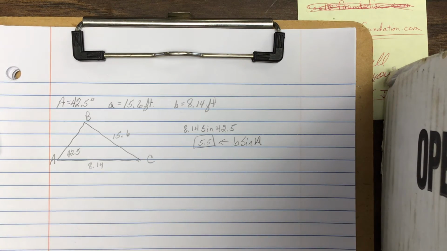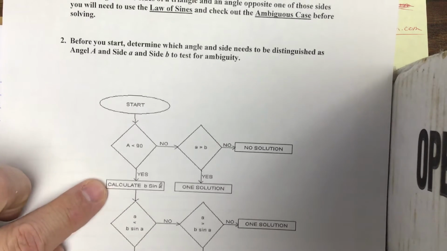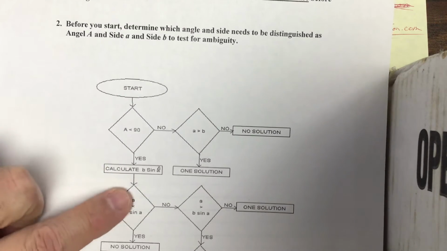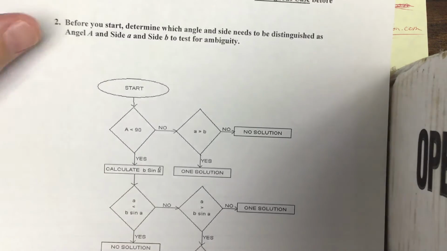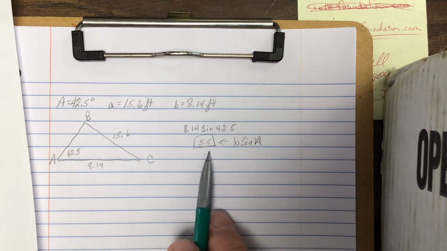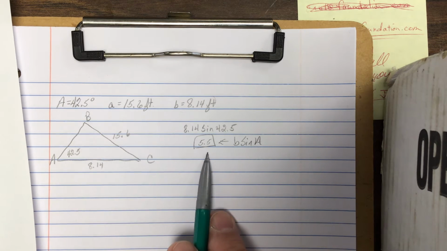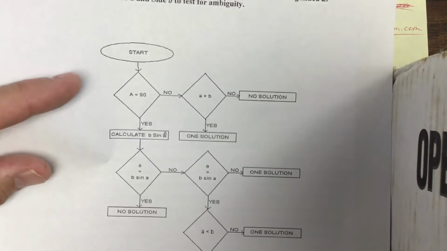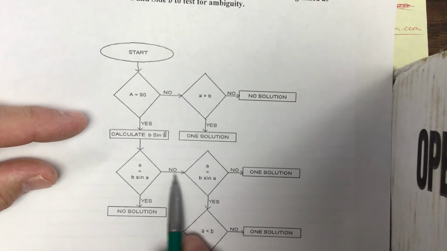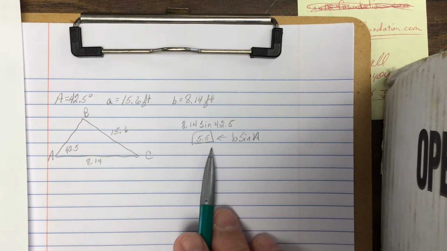All right, now back to my flow chart. I've calculated B sine A, and so my next step is: is A less than B sine A? All right, A is 15.6, B sine A is 5.5, so the answer to that is no. Back to my decision box. Go over here, no. Is A bigger than B sine A?